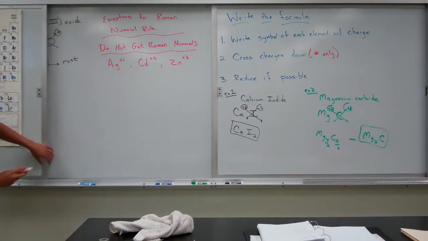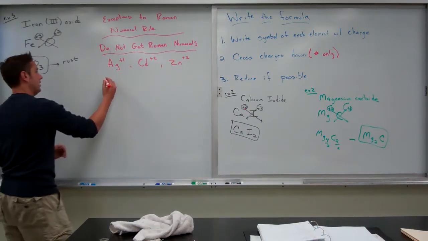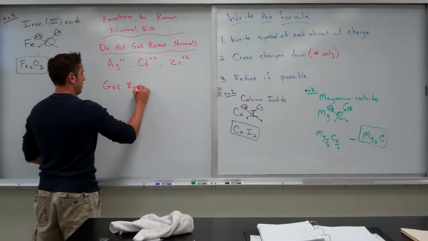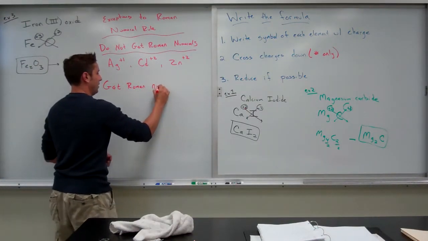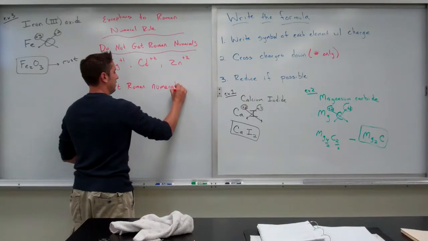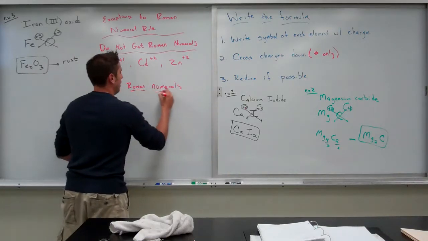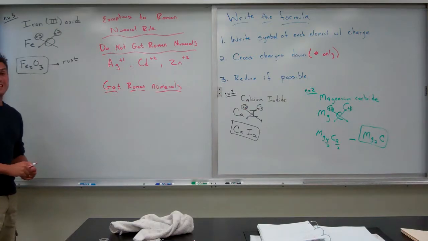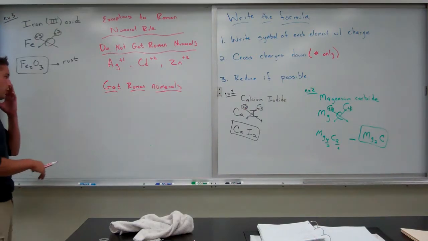On the reverse side, the following elements always get Roman numerals, even though they're not in the Roman numeral section.